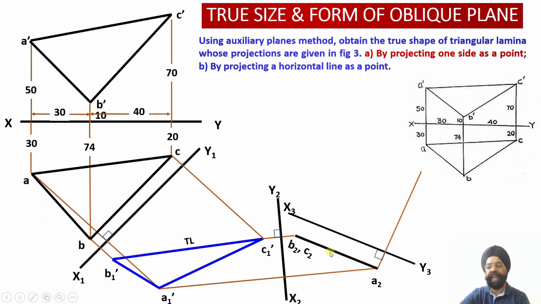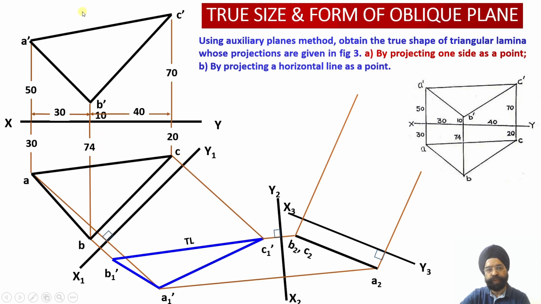Reason? Because the lamina has been reduced to a straight line, that is the edge view. Once I go parallel to this edge view or the straight line view, I am going to get the true length or true shape of this particular line or the lamina. So now I will draw 2 projectors, one from B2 and C2, another one through A2.